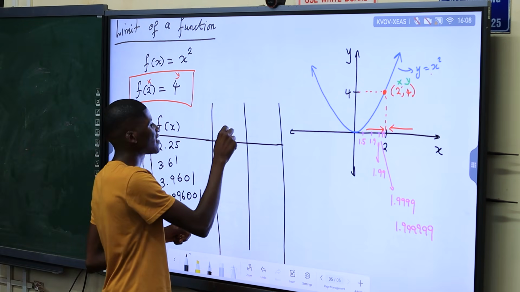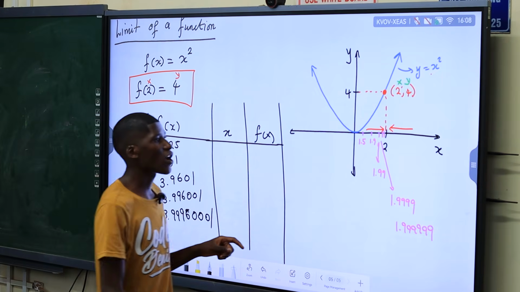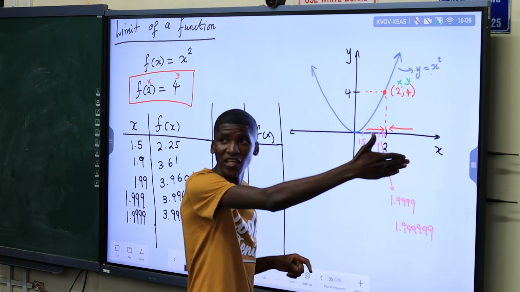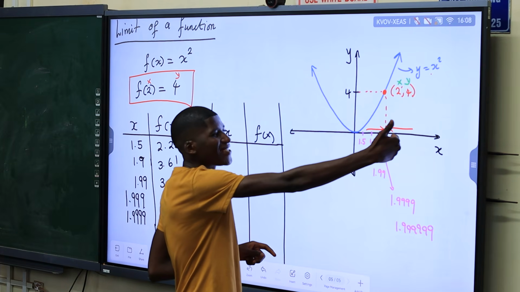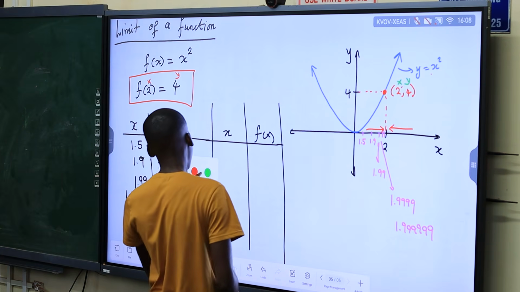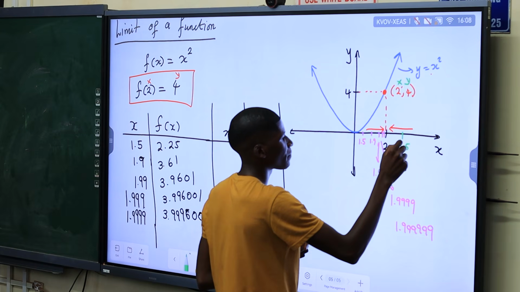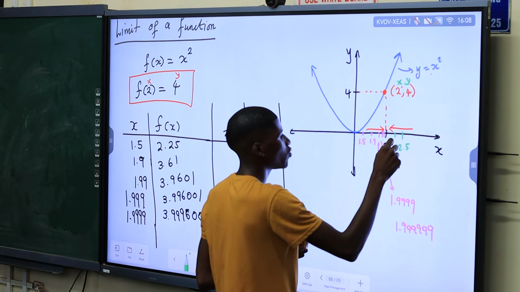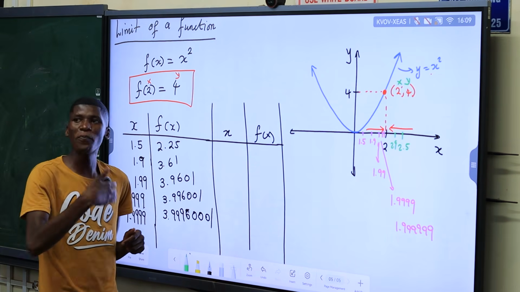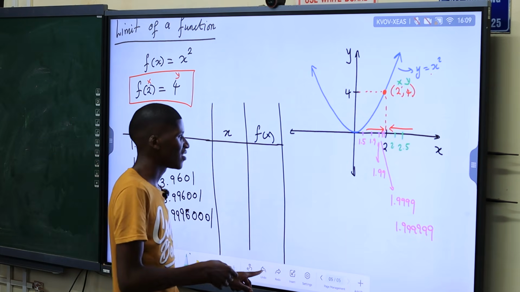Yes. So let's say I have x and I've got f of x. I'm going to take values that are bigger than 2, then I'm going to decrease them as I'm approaching 2. So let's say maybe I take the first one to be 2.5, the next one to be 2.9.